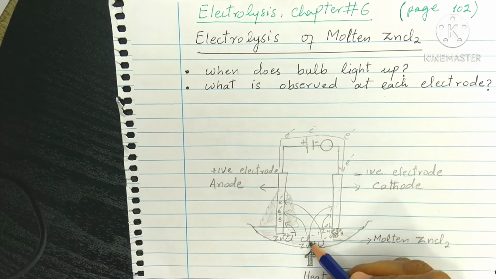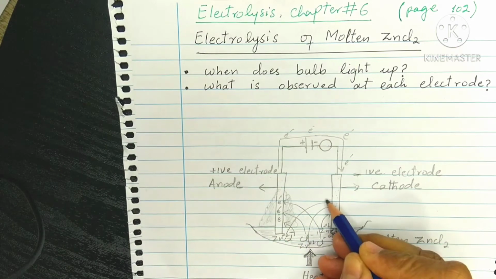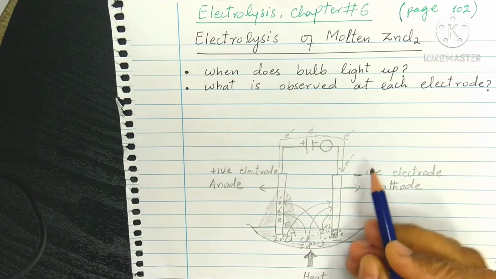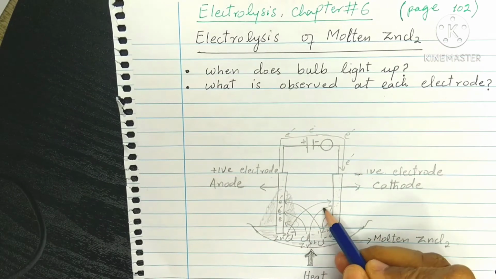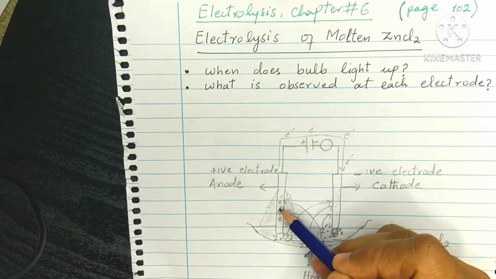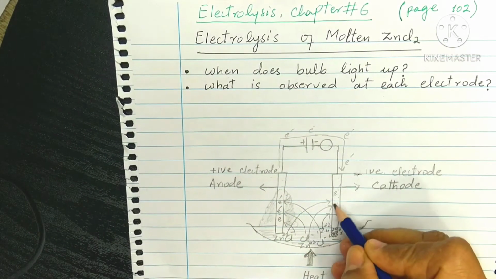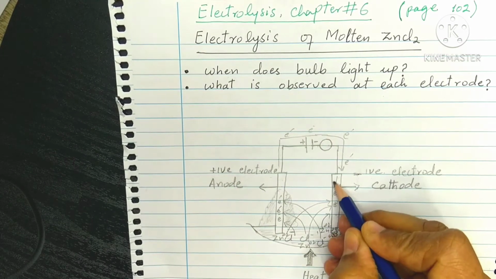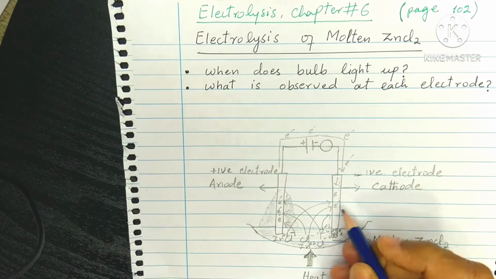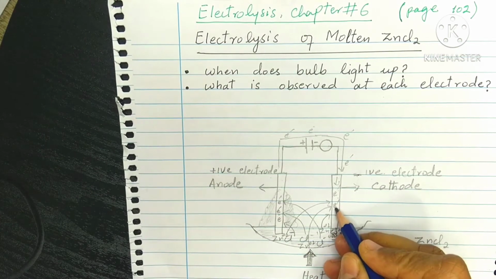At the same time the zinc ions, which have a positive charge, move towards the cathode, and these positive ions absorb the electrons that have been released by the chloride ions at the anode surface. So these electrons are absorbed by the zinc ions, and the zinc ions are reduced into zinc metal.